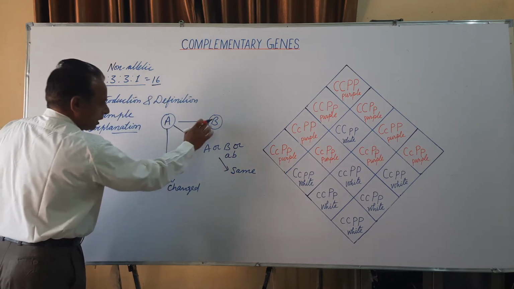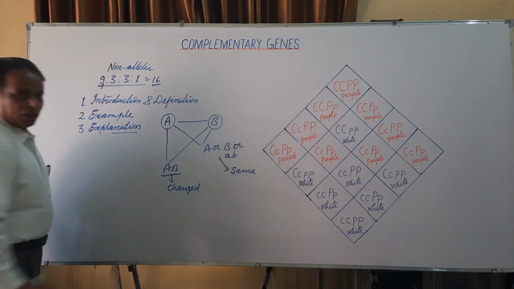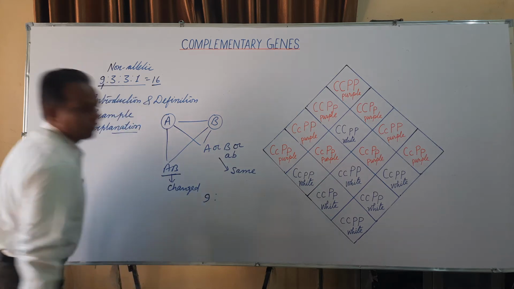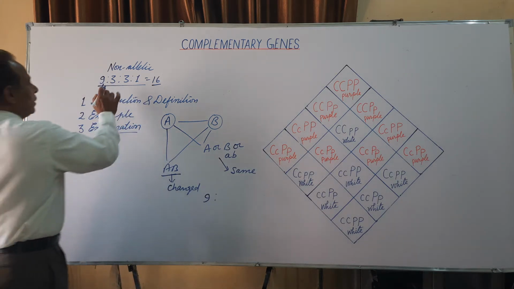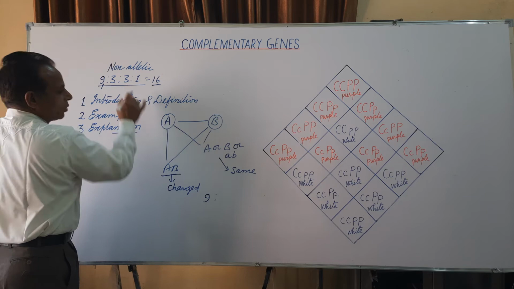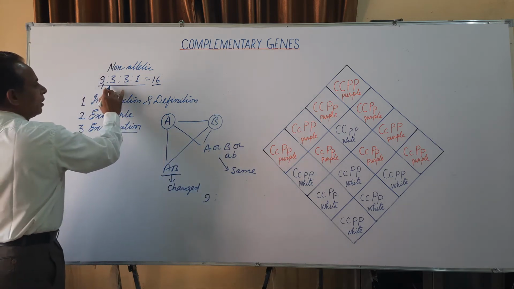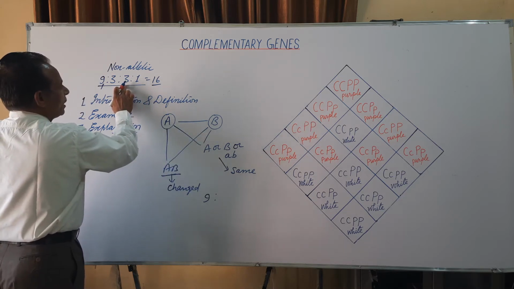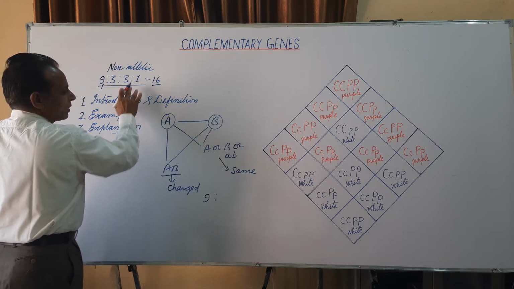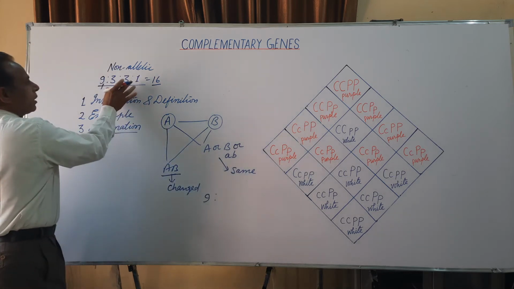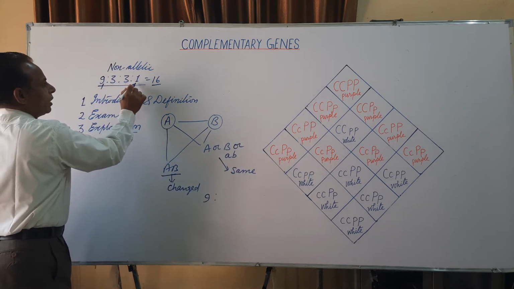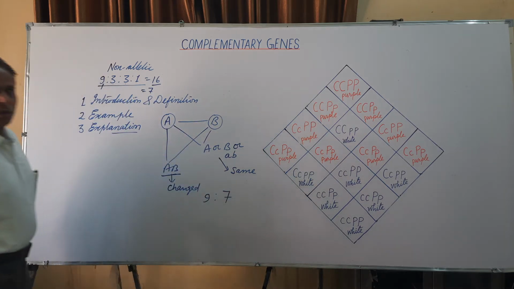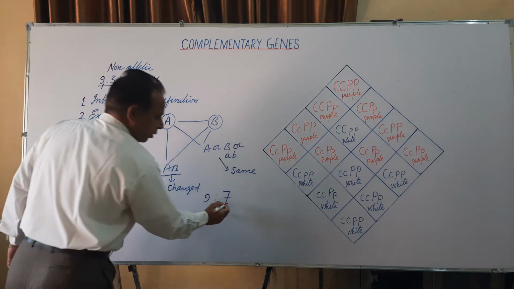So both genes are present in this condition, which has the changed phenotype, they are 9 out of 16, and then the remaining show the same effect. It means in 3 one of the genes is present, in another 3 another dominant gene is present, and in 1 both the genes are present in the recessive condition. They constitute 3 plus 3 plus 1 is equal to 7. So the phenotypic ratio in the F2 generation is 9:7.